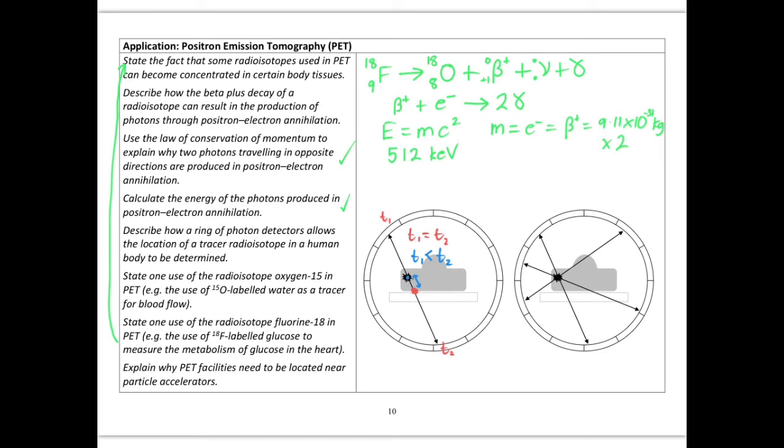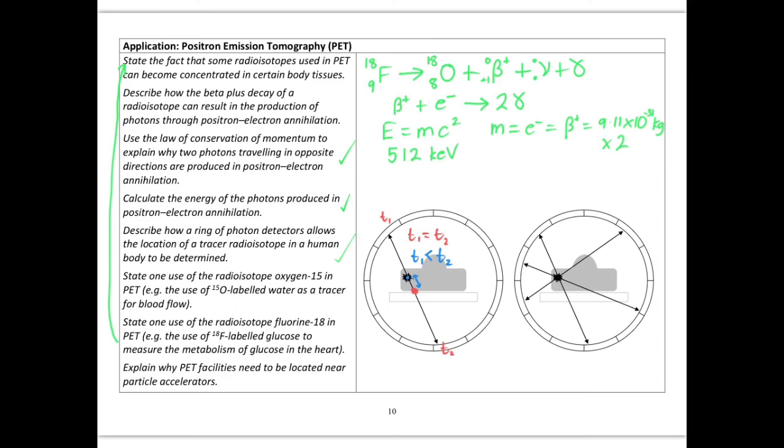So you build up that internal 3D image of the body. So hopefully that covers how we describe how a ring of photons allows the location of a tracer isotope in a human body to be determined.